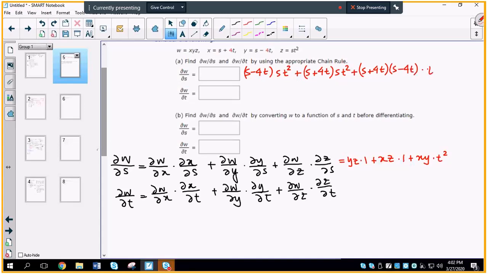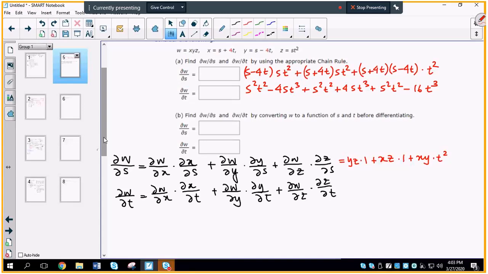I believe I can simplify this thing. If I distribute st squared, I get s squared t squared minus 4 times st to the power 3. Similarly, I get s squared t squared plus 4 times st to the power 3, plus s squared t squared, and then you get minus 16t to the power 3.